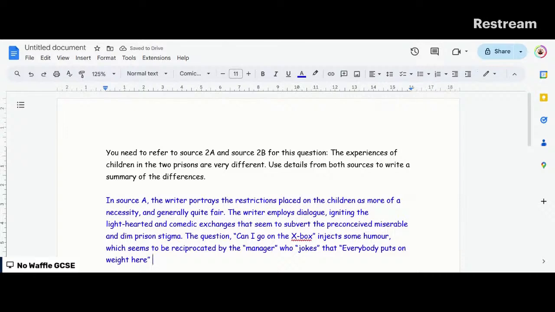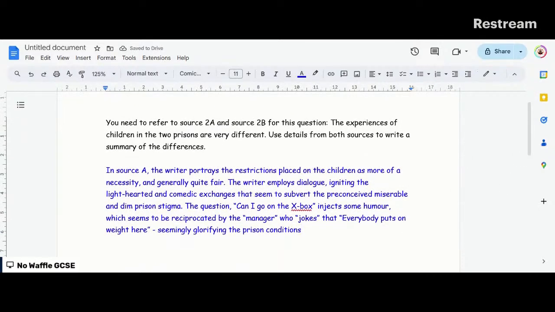It almost glorifies the prison conditions. Okay, so glorifies the prison conditions.